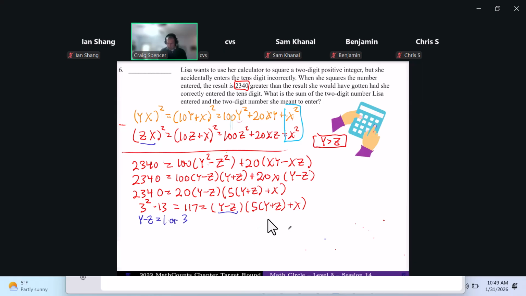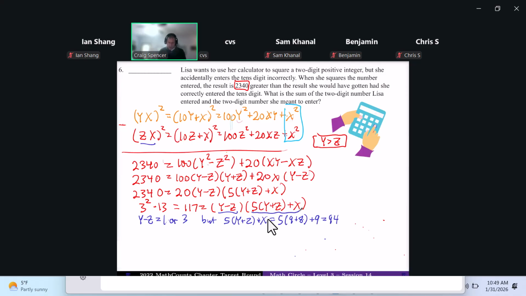The biggest that this 5 times y plus z plus x could be is, well, I could have y be 9. Y and z aren't the same, so I could have z be 8, and I could have x be 9. If you plug this into a calculator, the biggest this factor could be is 94.